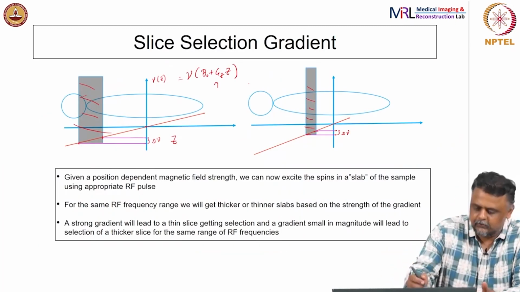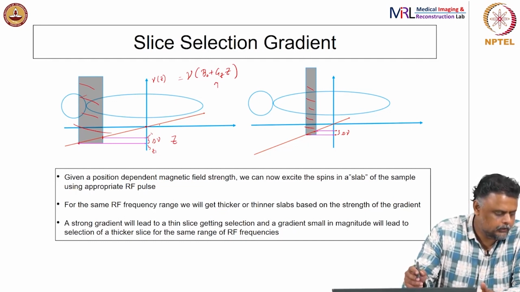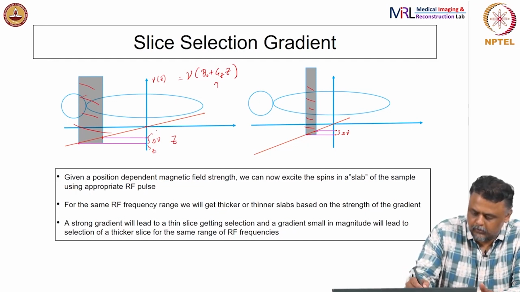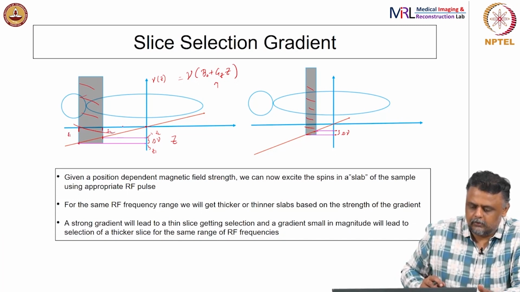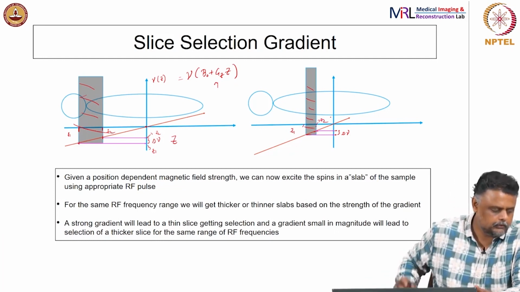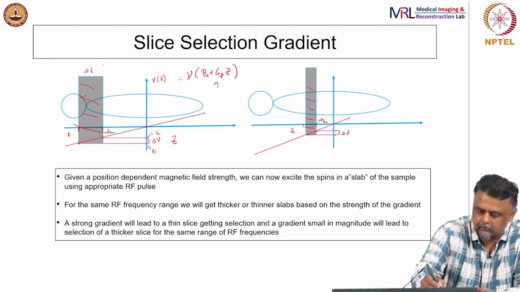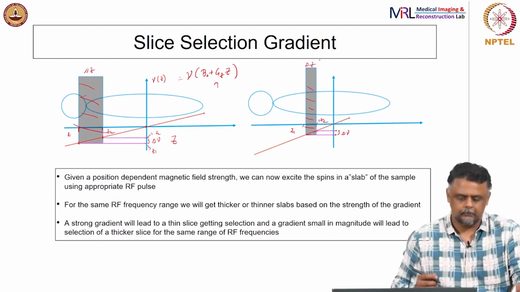We can call this z1 and this z2, and similarly here you can call this z1 and z2. So, this will be some delta z, this is your slice thickness.